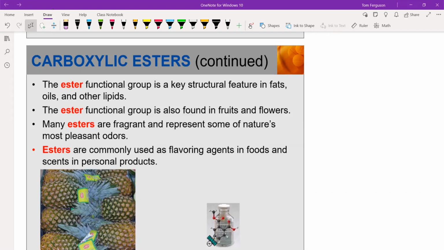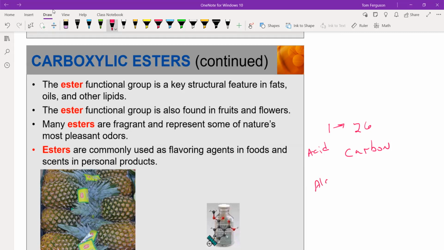Now they range from 1 to 26 carbons for the acid side.